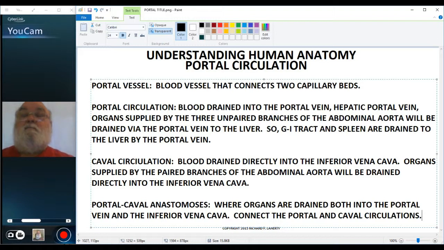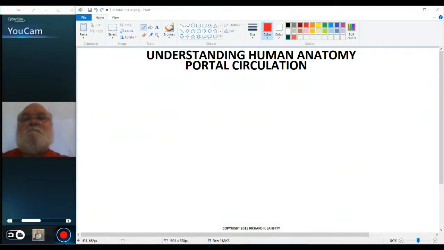Now let's start by looking at the abdominal aorta and its principal branches. Let's start by sketching in the abdominal aorta. So we'll begin up here and draw the aorta down to where it divides into left and right common iliac.